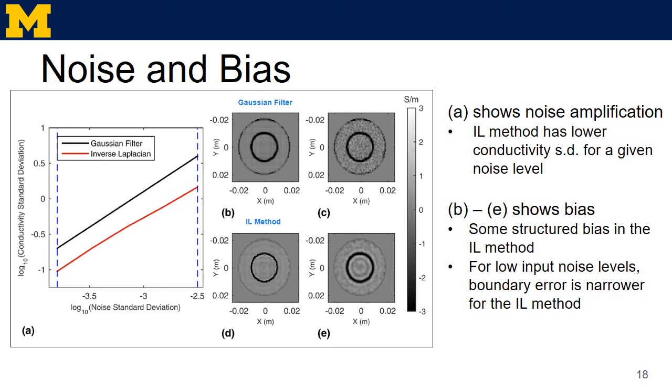We observe that in both the low and high noise situations, our inverse Laplacian method does have some structured error. However, at the low noise level, we see a much narrower boundary error between the two compartments as compared to the Gaussian filter.